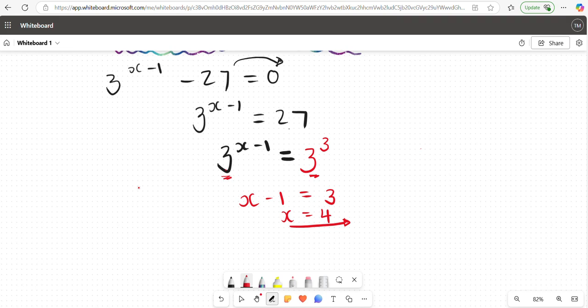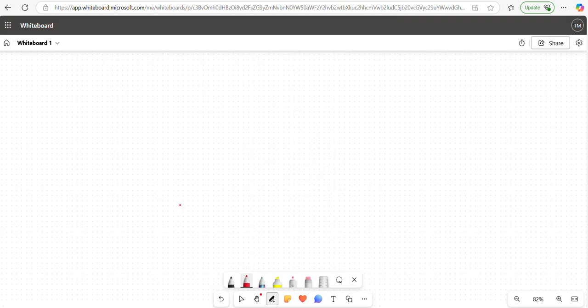Let's have a look at the other easy ones, particularly ones where the x is not an exponent but rather has an exponent. So what about these ones here, which say 3x to the power of 2 over 3 minus 12?